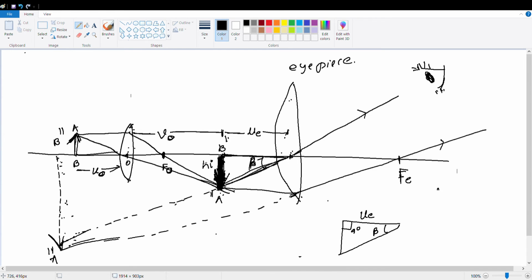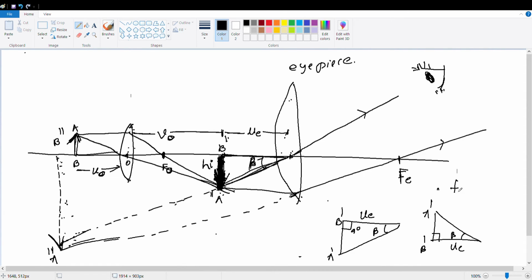Height of image. Let us first not write HI. This is A dash B dash. So this is A dash, this is B dash. If I invert it, it will look like this: UE, A dash, B dash, and this is beta.